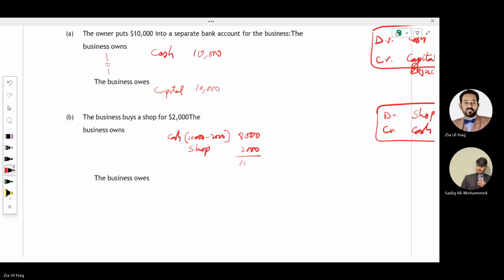Altogether 10,000. What does the business owe? The same capital of 10,000, and what it owns and owes are equal. In every transaction, own and owe should remain equal.